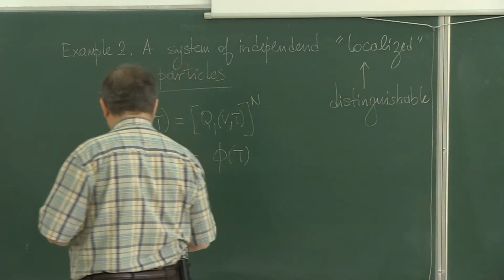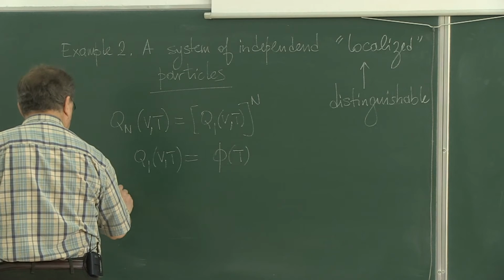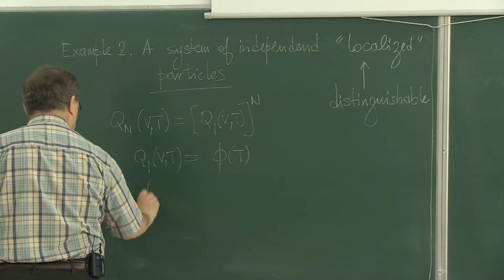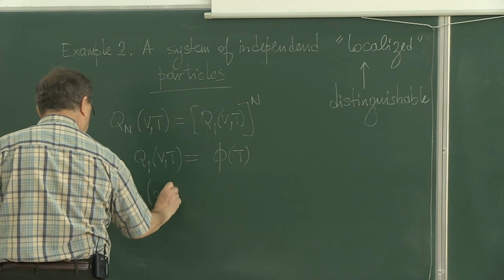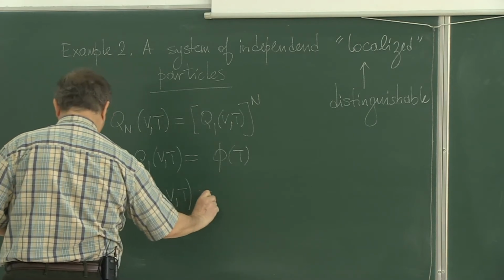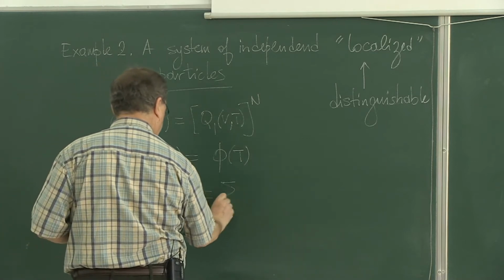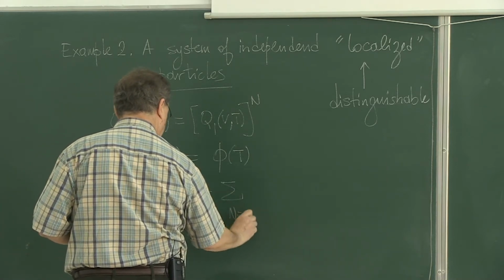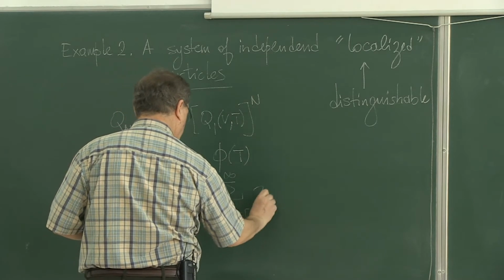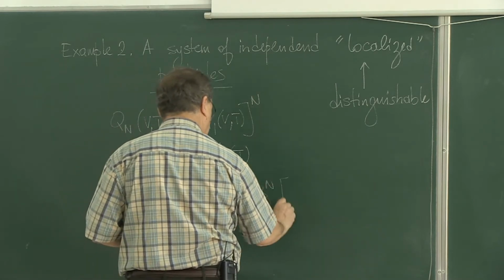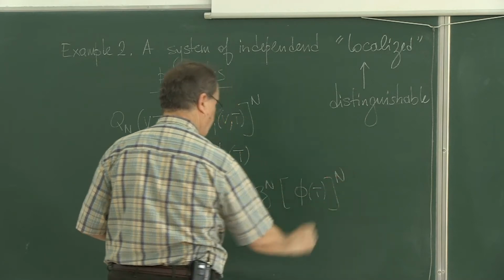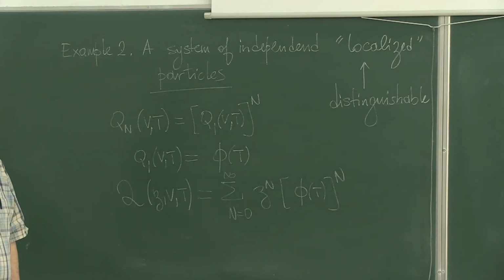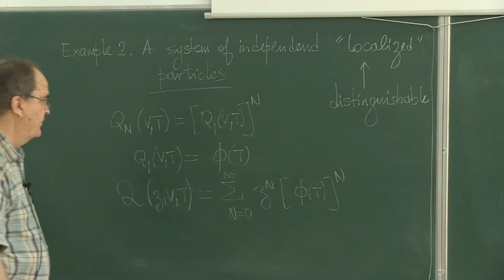Now, in terms of this, let's calculate the grand canonical partition function, Z(V,T). It is the usual definition. No N factorial, they are distinguishable.